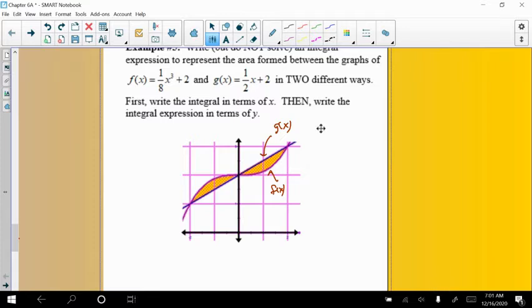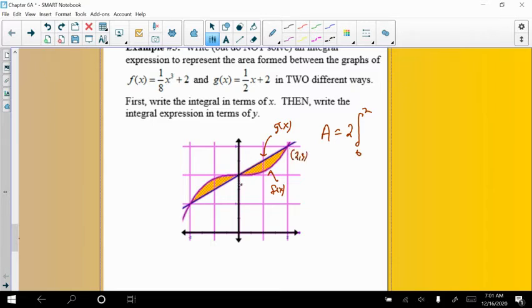And again, by symmetry, I know that these regions are exactly the same. So I could say my area, I'll just call it A, is equal to 2 of, I'll start at 0, and then I can tell that it's 0 to 2. If you're not sure the scale is right, you can try putting in 2, because 2 cubed is 8, and 1/8 of 8 is 1, 1 plus 2 is 3; half of 2 is 1, plus 2 is 3. So I know that is (2, 3) right there.